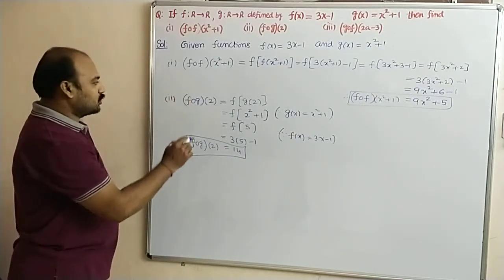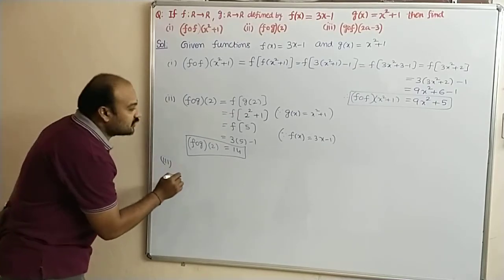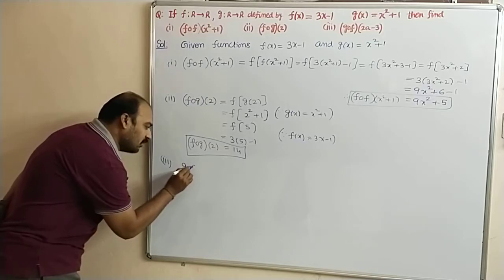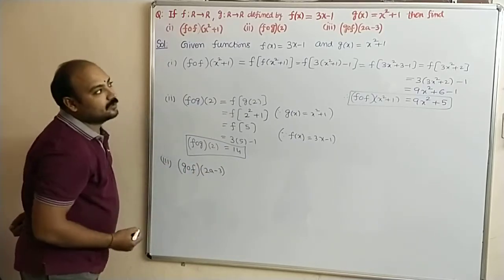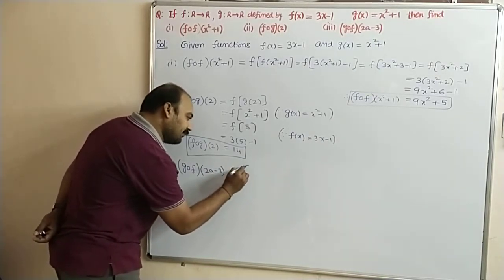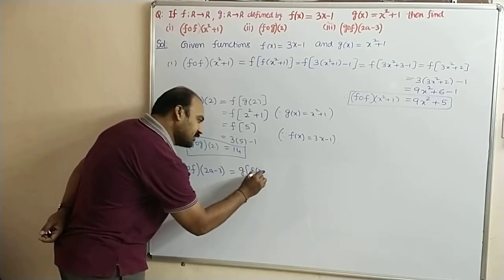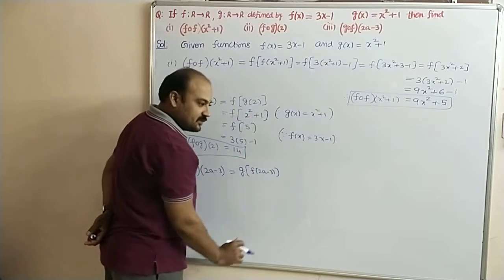We'll come to the last question, the third one. g circle f of 2a minus 3, which is equal to g of f of 2a minus 3. f of x value is what? 3x minus 1.